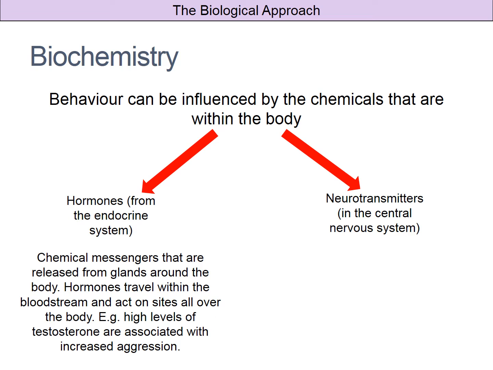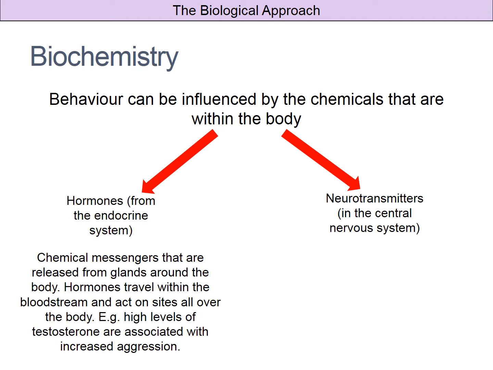And hormones travel in the bloodstream, and they act on organs or muscles everywhere in your body. So these organs will have receptor sites, and when the hormone binds to them, they will change our behaviour in some way. So to give you an example, testosterone, the male sex hormone, is associated with increased aggression. So people with higher levels of testosterone can be more aggressive in their behaviour.